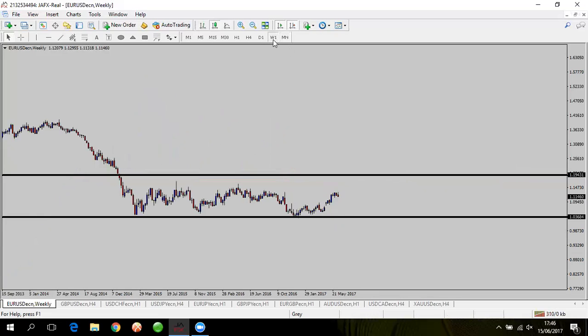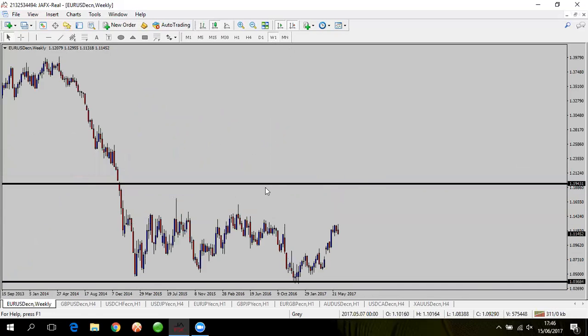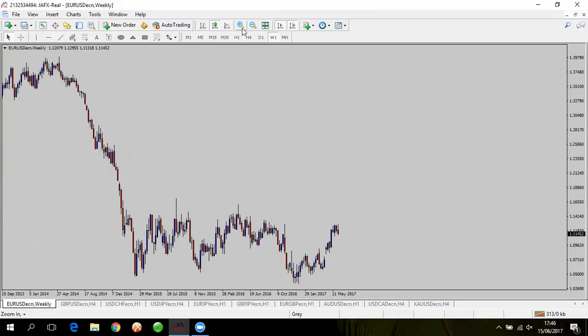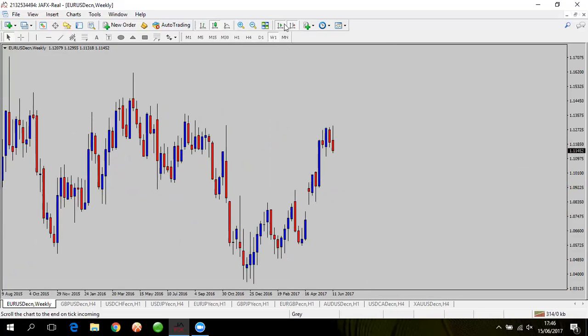So let's move to the weekly. We're just going to get rid of our 2 lines there. On the weekly, we just want to take a look at what's going on. This is our first swing, A to B, C, D, E to here.